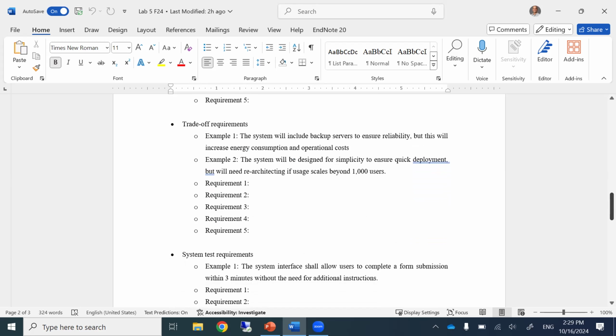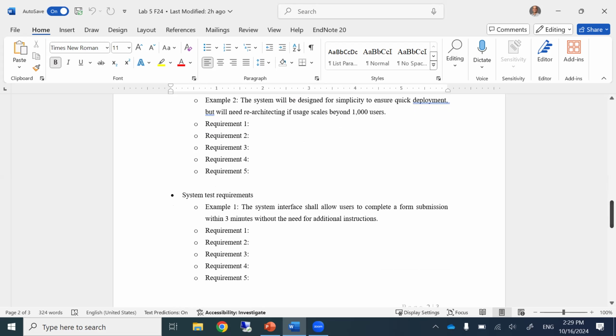We will need to re-architect if usage scales beyond 1,000 users. And then system test requirements: the interface shall allow users to complete a form submission within 3 minutes without the need for additional instructions.